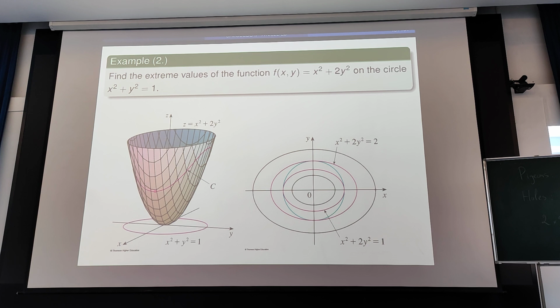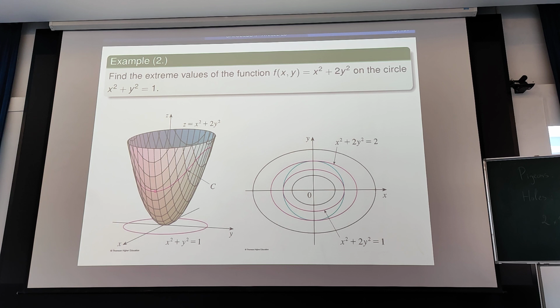Here is the circle x squared plus y squared equal 1. This one is a 2D view of this graph when you look at it from below, to the xy plane.